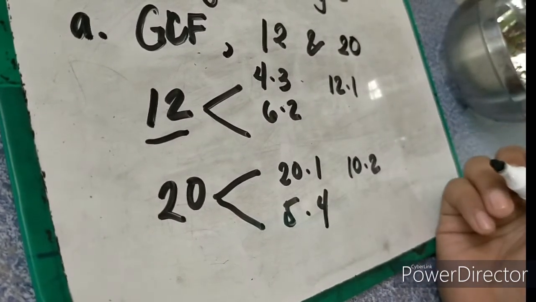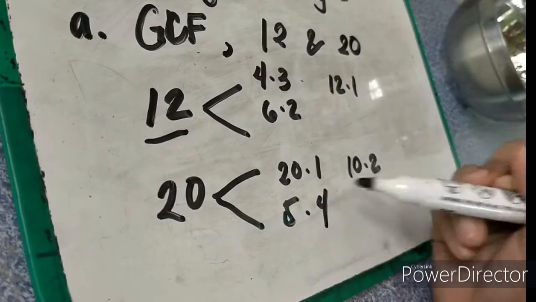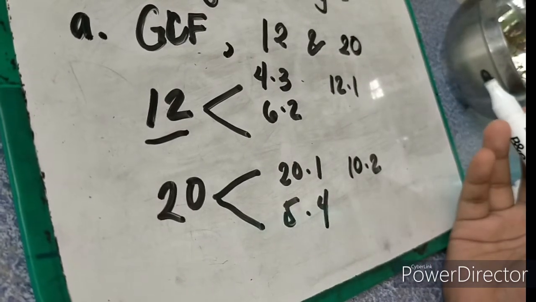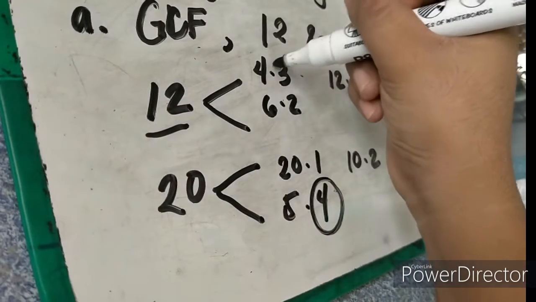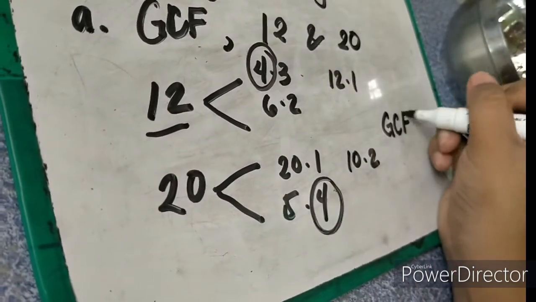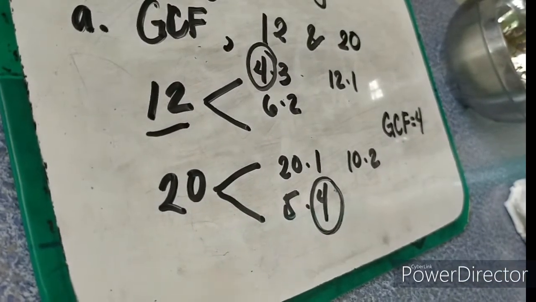When we say greatest common factor, the common factors are 1, 2, and 4. But we are looking for the greatest. So, among the three, the greatest or the highest or the GCF is 4. So, laging kukunin natin yung greatest common factor.